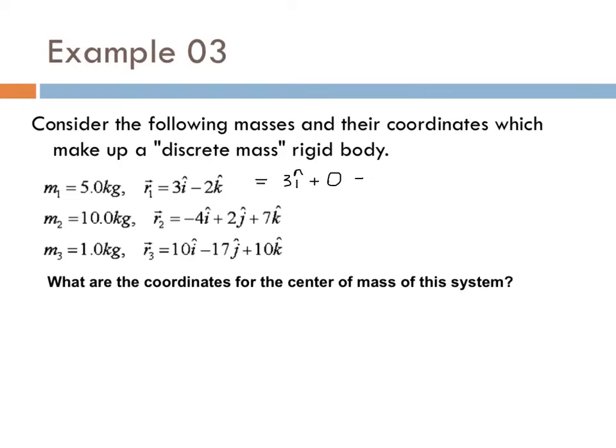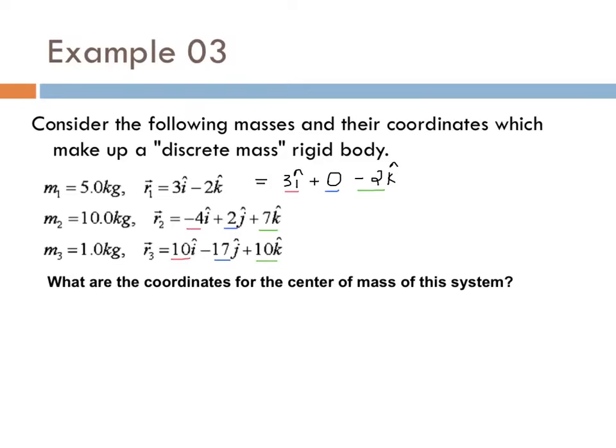And if it makes you feel more comfortable so you can line these up and visualize what we're looking at, then you can rewrite it with a 0 in the middle so that you can see all of these are in the x direction, all of these are in the y direction, and then all of the last numbers are in the z direction.